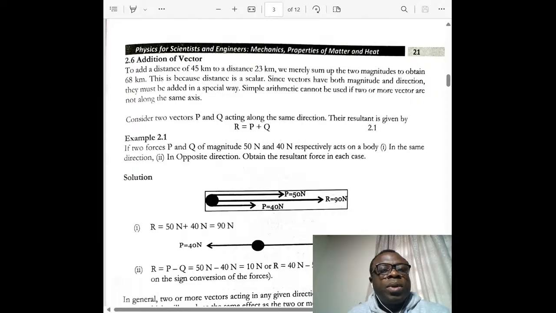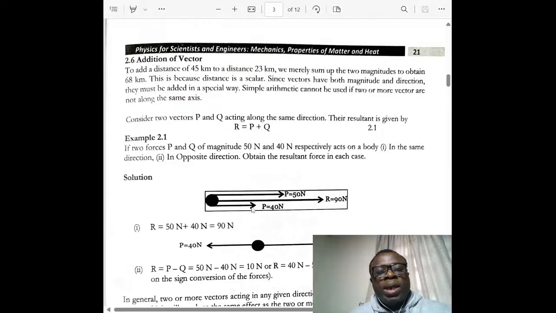So just like I'm explaining, when you look at this, I told you that vectors can be added and subtracted, and you can only add vectors when they are moving in the same direction. Look at where my arrow is going. These are 2 vectors. P is 50 Newton and the other P is 40 Newton.